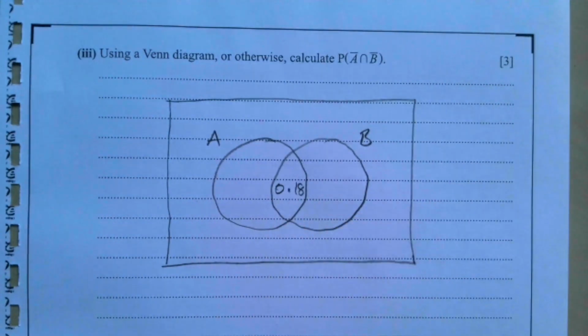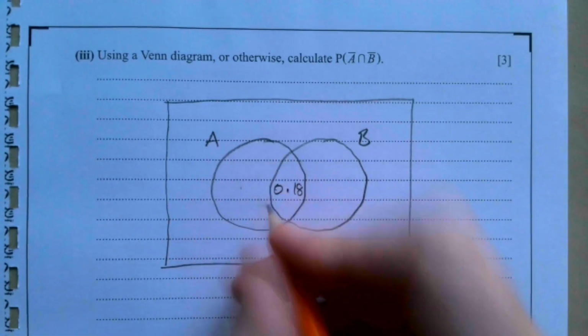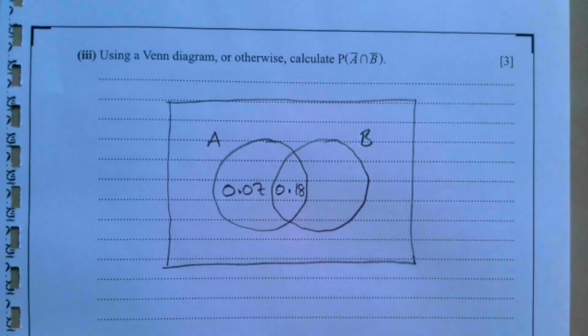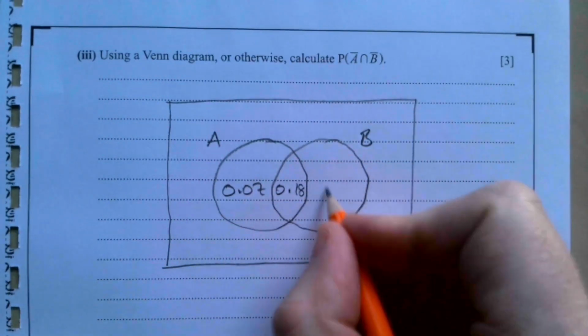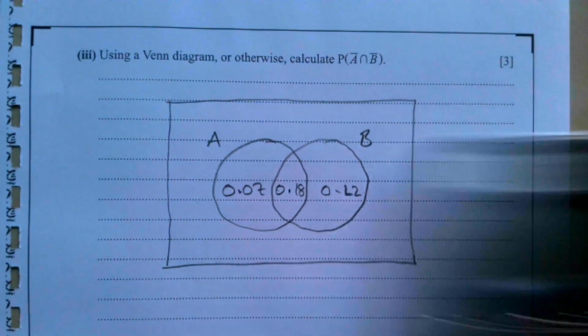The probability of A, again keep me right, is 0.25. So this plus this gives me 0.25, so that's 0.07. The probability of this is 0.4, which means this is 0.22.